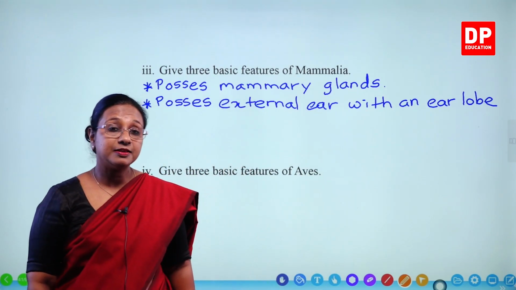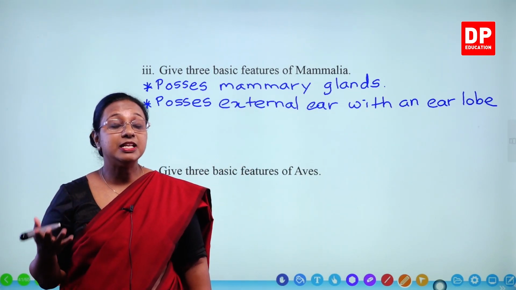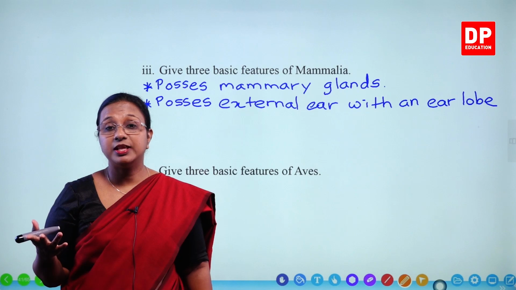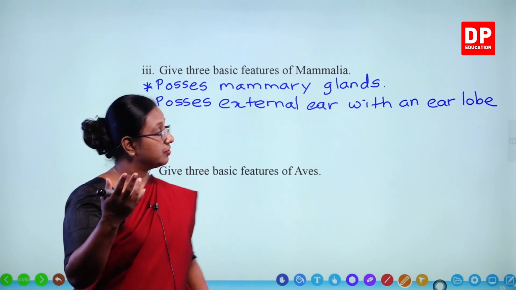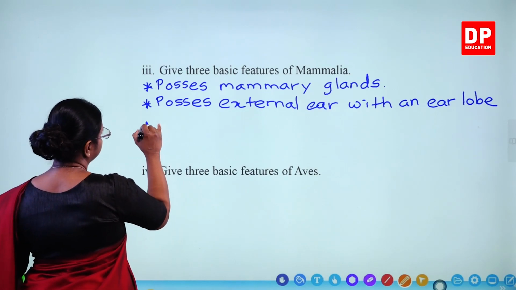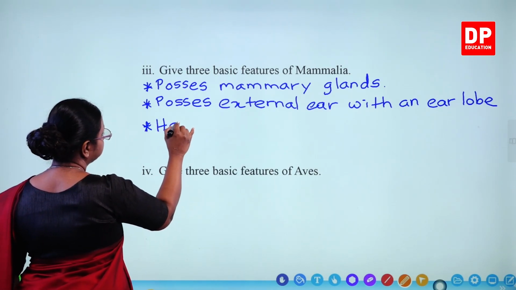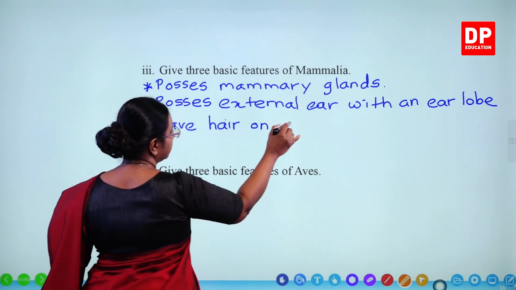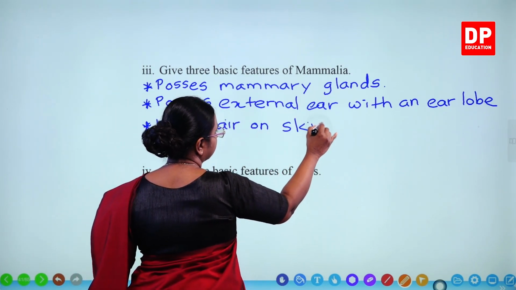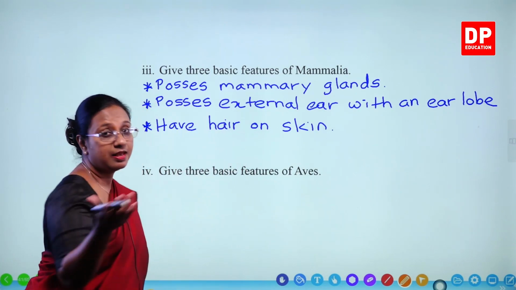That is another feature. What else? In addition to the mammary glands, what do they have? They have hair on skin. So, we can write that as well. Have hair on skin, or skin has hair.